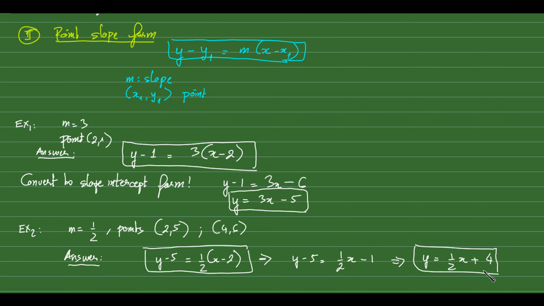All right, after we already learned slope-intercept form and point-slope form, on the third part, I want to introduce 2 important properties. I'm going to put over here linear property.